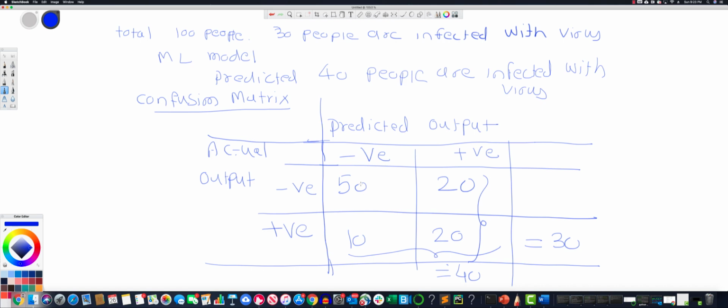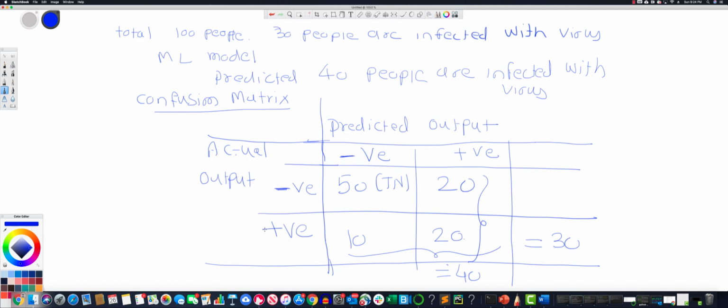In a case where the model predicts that a person is not infected with the virus, and that matches the case where the person is also not infected, this is called a true negative. The other case is when our predicted output says the person is infected and it matches the actual output where the person is also infected.